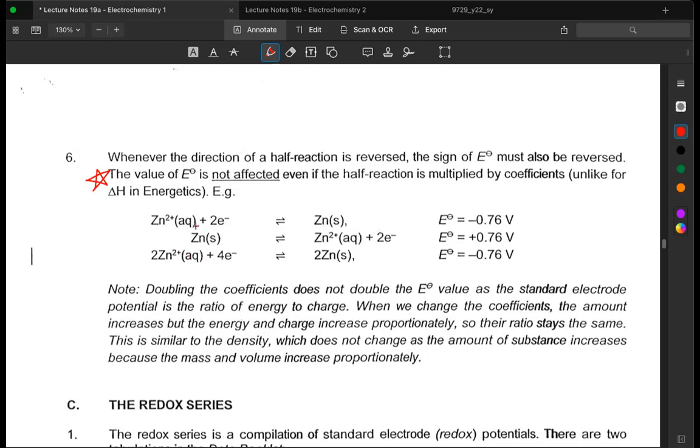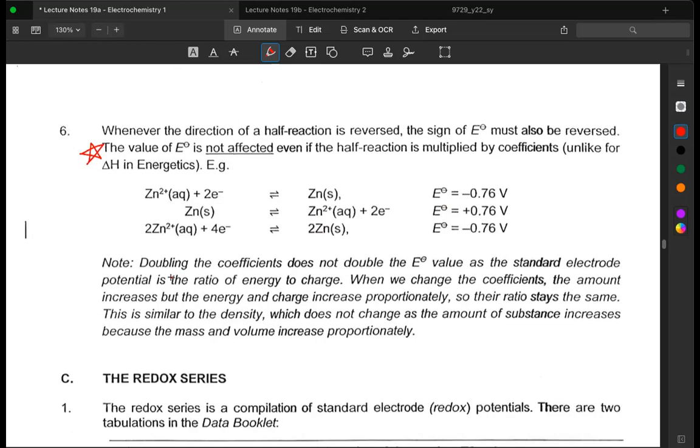All right, so even if you want to times 2, times 3, it will still remain the same value for the E naught. If you flip, of course, it becomes a different sign, but the value is the same. So doubling the coefficient does not double the E naught value, as the standard electropotential is actually the ratio of energy to charge.